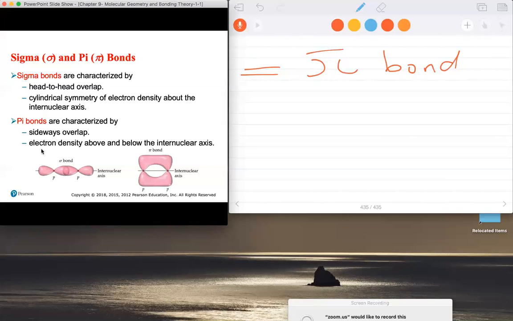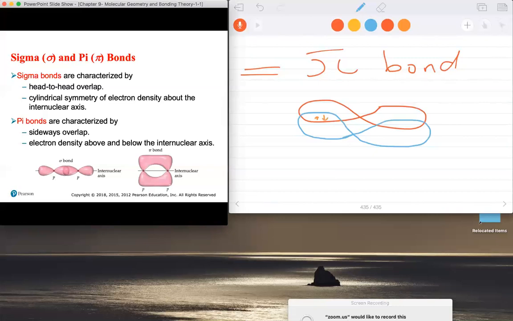Look at my whiteboard. If I have a p orbital, when they say side to side, this means I'll have another p orbital overlapping beside it. That is the pi bond, and the shared electrons will reside here.